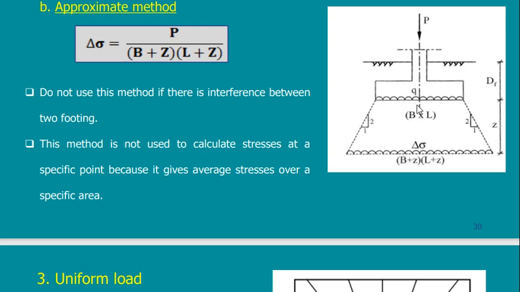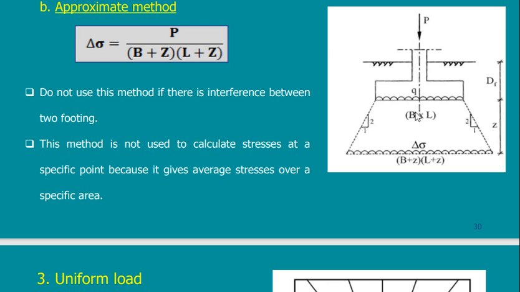If I tell you no, I want the stress at a depth of Z, go to a depth of Z, disperse the load with an angle 2 to 1, spread the load with an angle 2 to 1. So now the load is the same, P will be the same, but the area here will be increased.